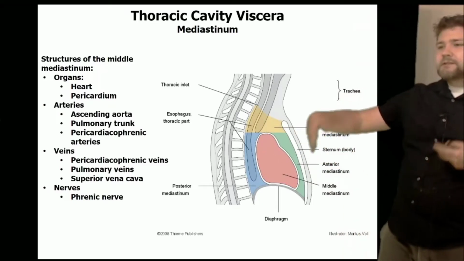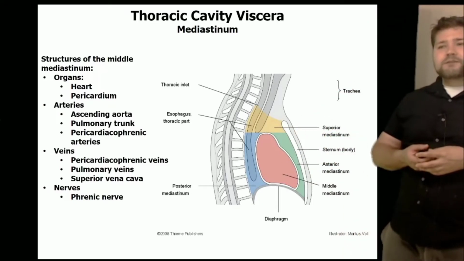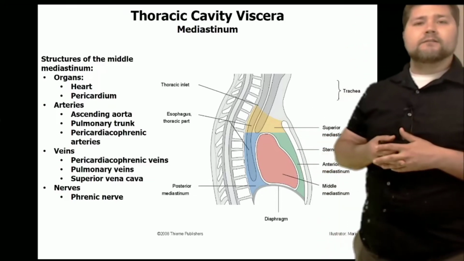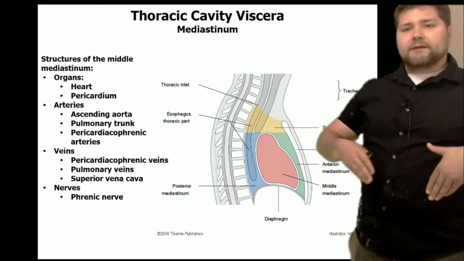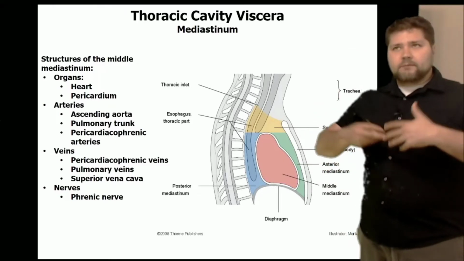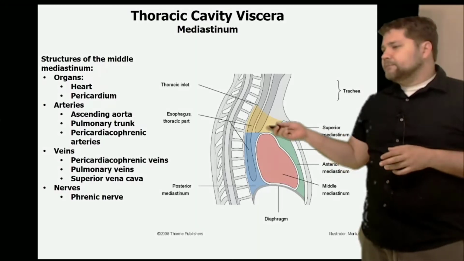As far as nerves, really the only nerve that we'll see running alongside the pericardial sac is our phrenic nerve. That should be lying right there, so you should be able to identify that in an opened up body.